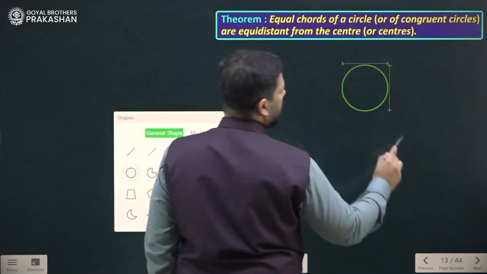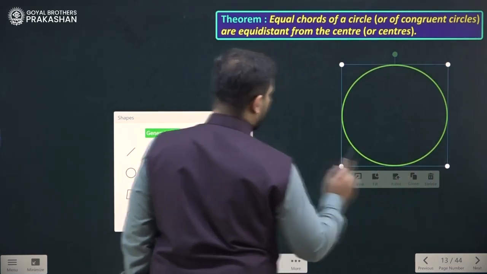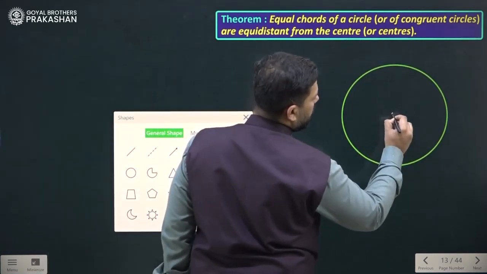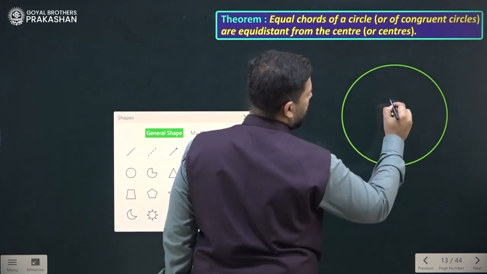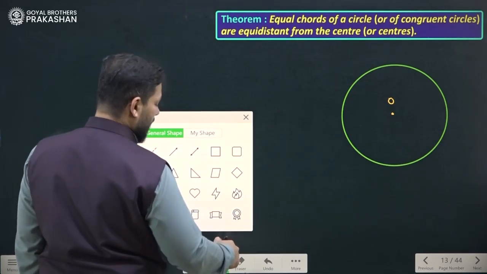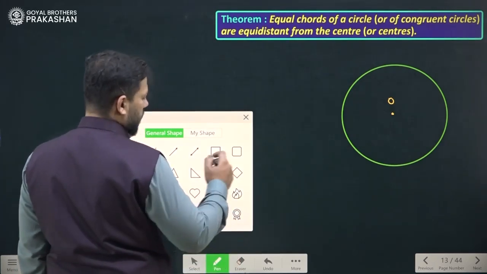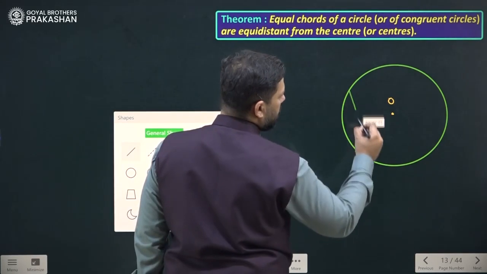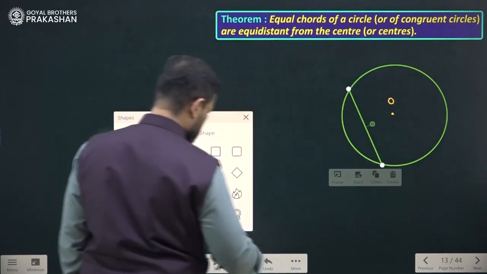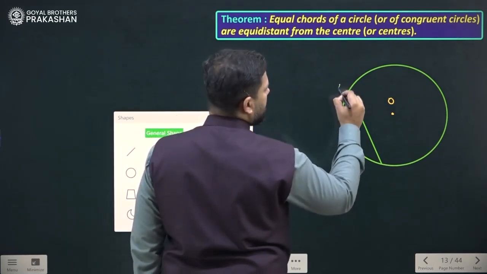So here is our circle, right? And we have a center for this circle over here. This is its center. Let us name it as point O. And now we have two chords which are equal in length. So let us draw two chords. This is the first chord. We will name it as AB.